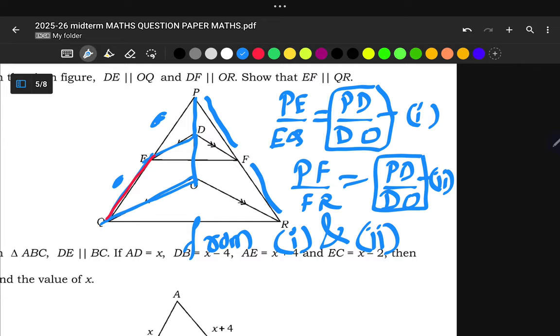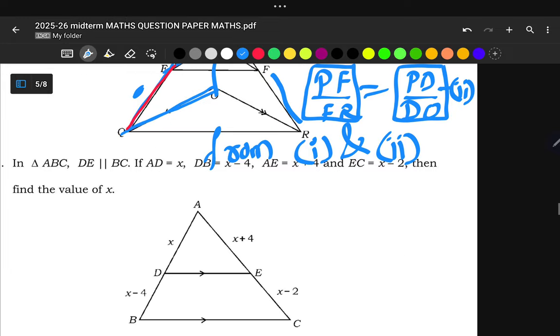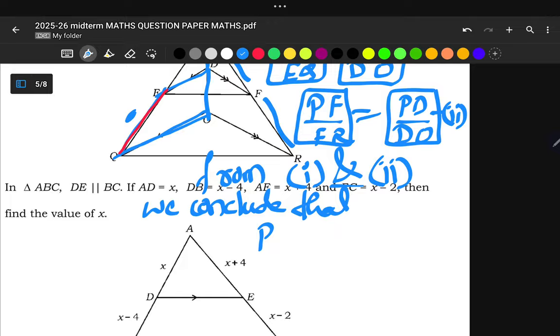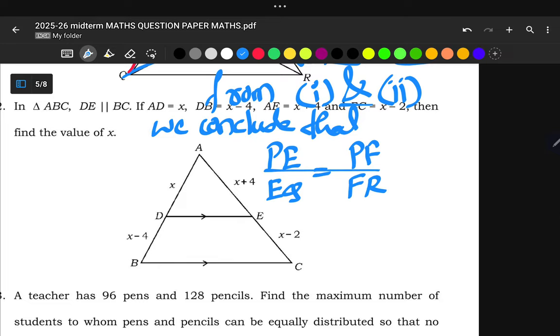It means from 1 and 2, we conclude that PE upon EQ is equal to PF upon FR.